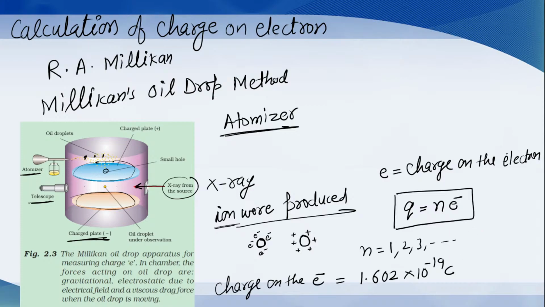Now, did you understand this experiment? It is simple. First of all, there is an atomizer that leads to the formation of oil droplets. These oil droplets were allowed to fall through this fine hole.